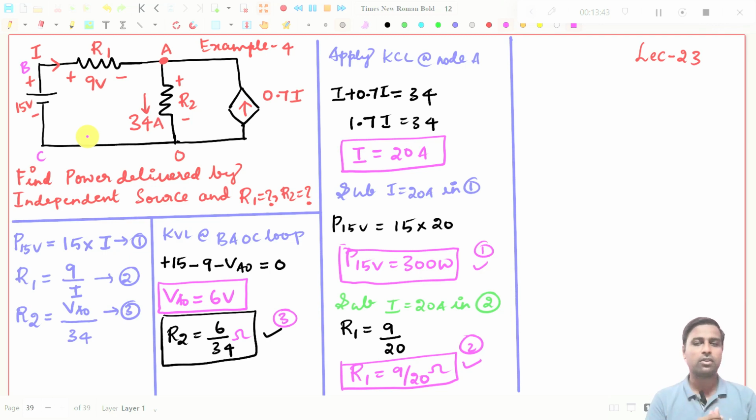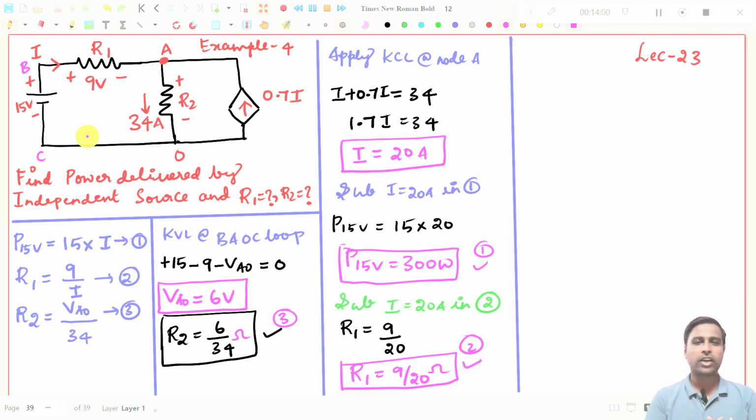You have to think wisely to use KCL and KVL. That is the ultimate aim. The practice will give you more clarity about KVL and KCL.